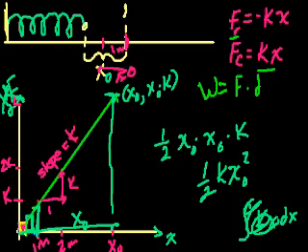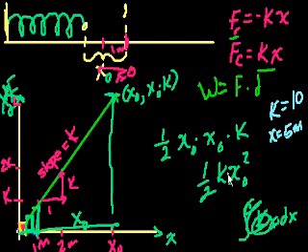And why is that useful? Because the work necessary to compress the spring that much is also how much potential energy there is stored in the spring. So if I told you that I had a spring, and by Hooke's law its spring constant is 10, and I compressed it, I don't know, 5 meters. So x is equal to 5 meters.